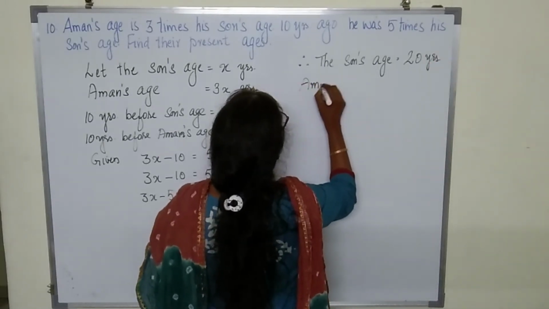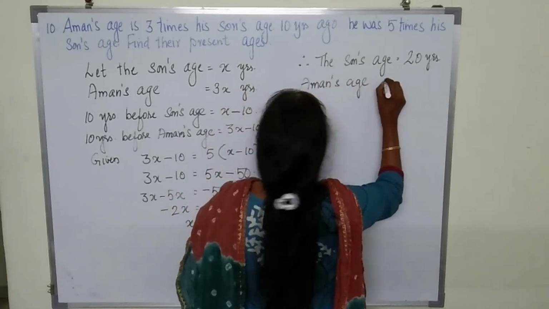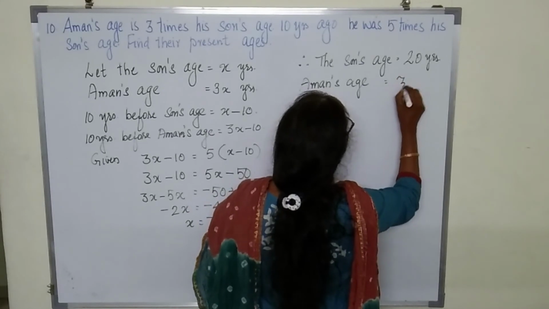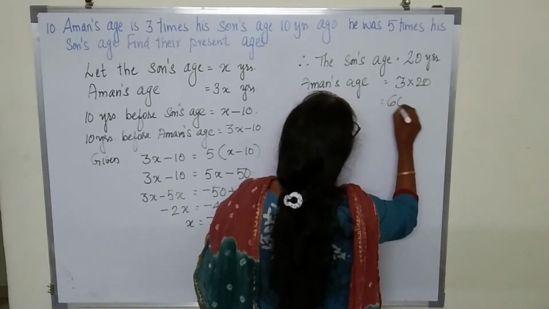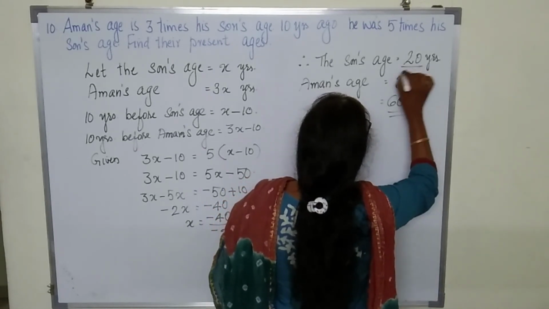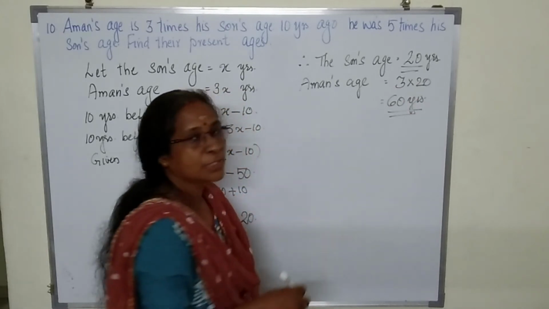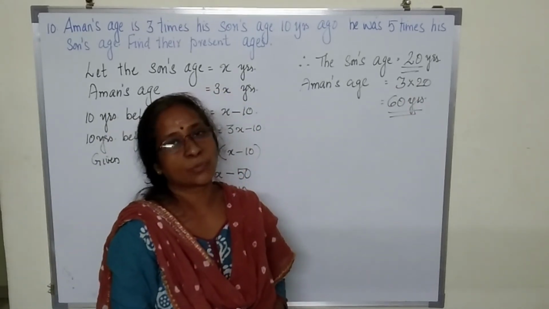Aman's age is equal to 3x, that is 3 multiplied by 20, which is 60 years. So what is the age of Aman? Aman is 60 years old and his son is 20 years old now.